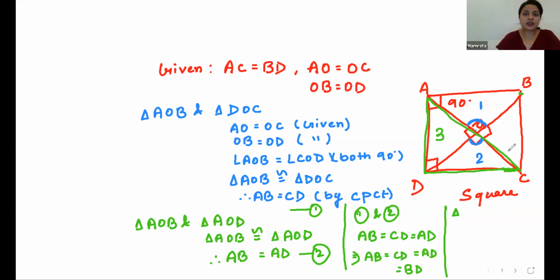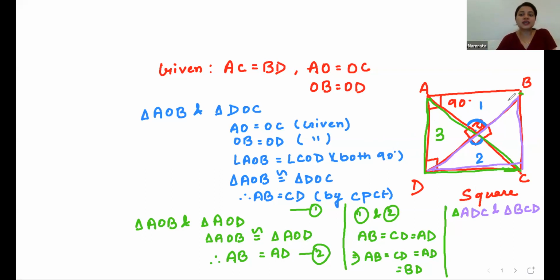The green triangle and this purple triangle. The names of the triangles are triangle ADC and triangle BCD. We will be able to prove that these two triangles are congruent with each other. Why? Because all the sides are of the same length.